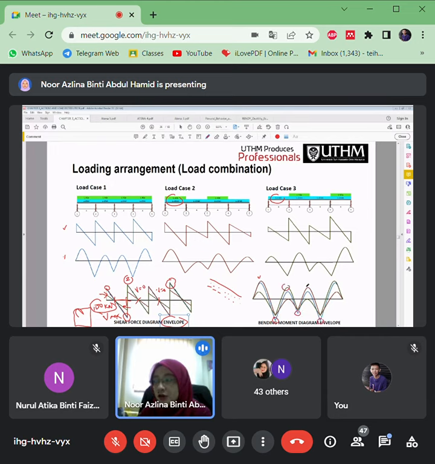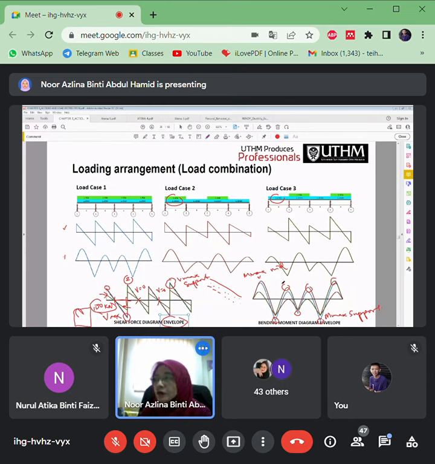This is all the bending moment at the midspan. So we have a moment max at midspan, and also we have a moment max at support. But this is only the V max at the support, while the shear force at the midspan is 0.